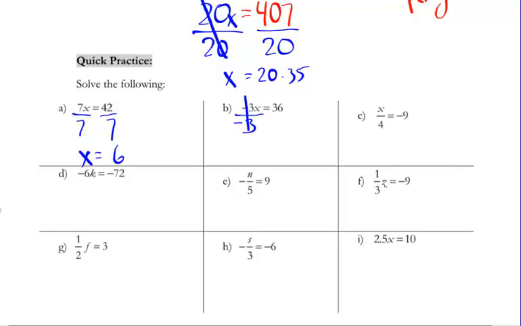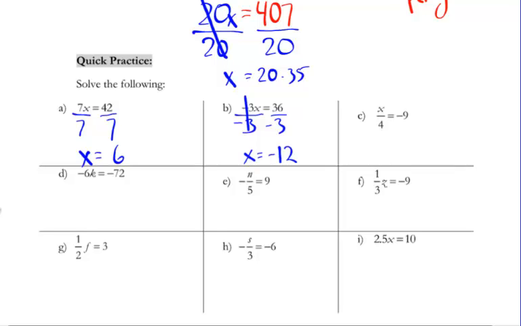And any number divided by itself cancels out, and we're left with 1. So x equals -12. Now remember here, we're dividing a positive by a negative, and if there are an odd number of negatives, then the answer will be negative. That works as well as in your multiplication.